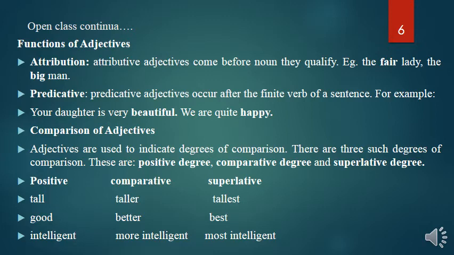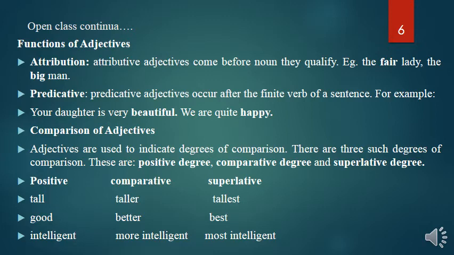You can see that in this sentence, the adjective comes at the end of the sentence, while in the previous example, in the attributive adjective, the adjective comes before the noun, while in predicative adjective it comes after the finite verb. The next one is comparison of adjective.